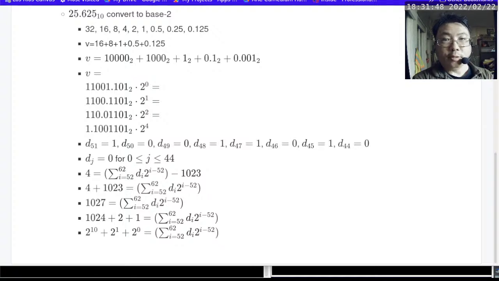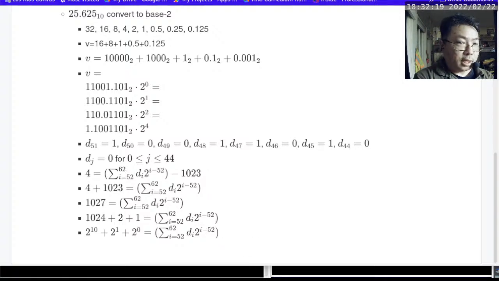So now we look on the right hand side and we ask, we need this 2 to the power of 10, and what I is going to give me 10? Okay, so we basically say 10 equals I minus 52, and that means I is what? 62. So bit 62 is going to have 1, and then we just figure out the rest by working out the math here.